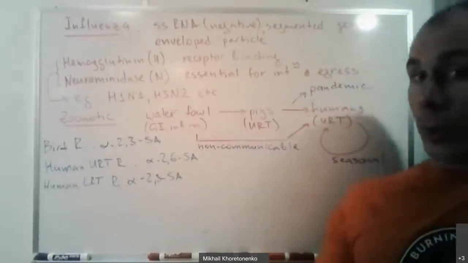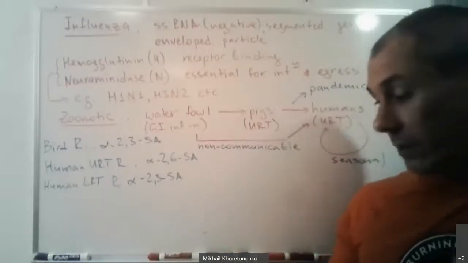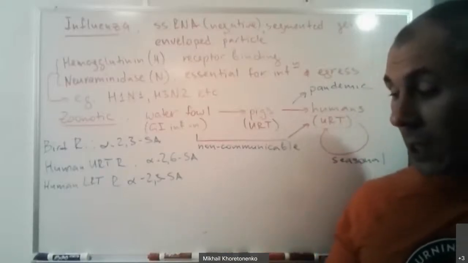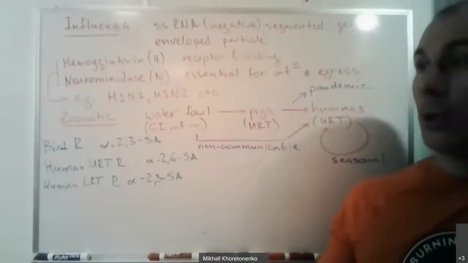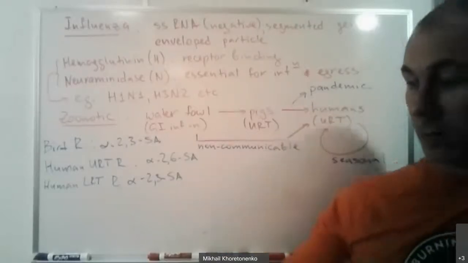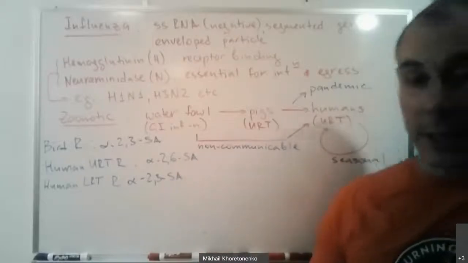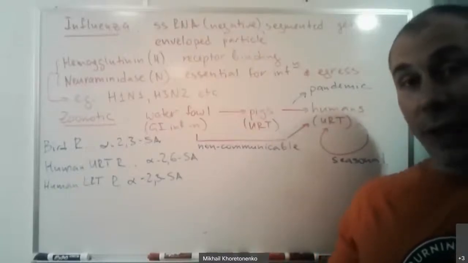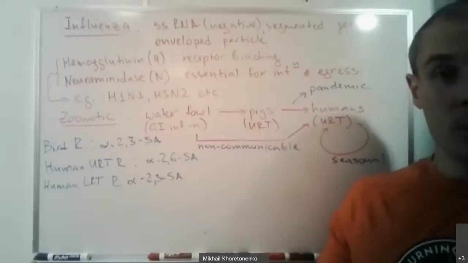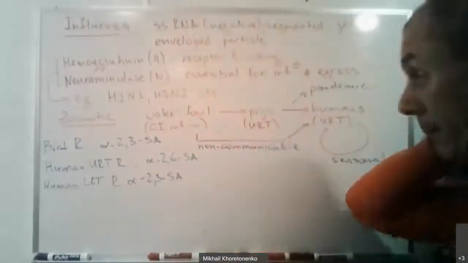It can infect your lower respiratory tract, your bronchi, your lungs, which results in much more severe infection, which is not really a communicable disease. Because again, when somebody coughs during bird flu infection, another person does not immediately inhale it deep in the lungs. Does that make sense? So basically, bird flu cannot infect humans effectively because receptors are different in the upper and lower respiratory tract.